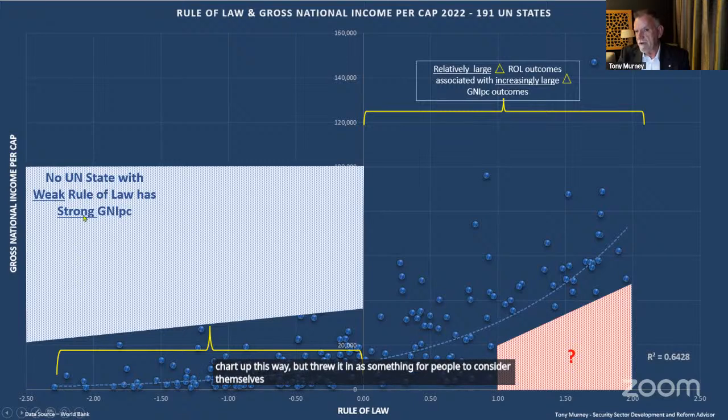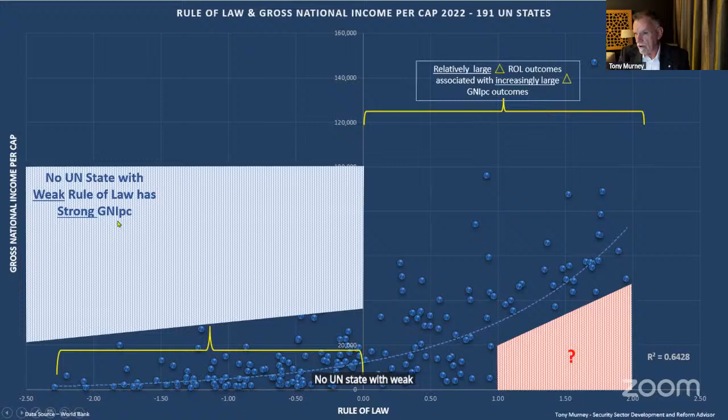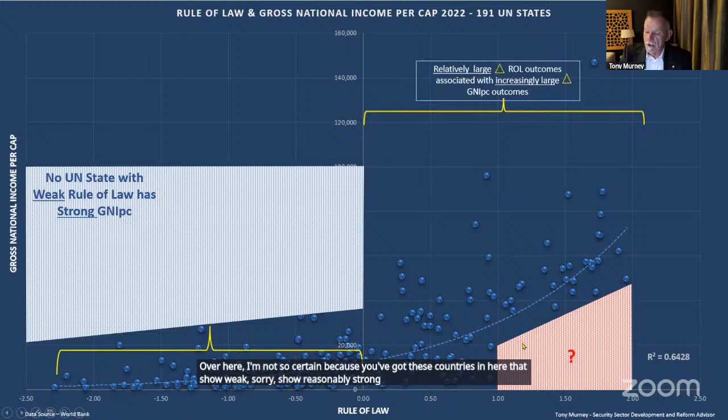This one is probably valid. No UN state with weak rule of law has strong gross national income per capita. Over here, I'm not so certain, because you've got these countries that show reasonably strong rule of law, but they're not generating higher levels of income, and there can be lots of reasons for that.